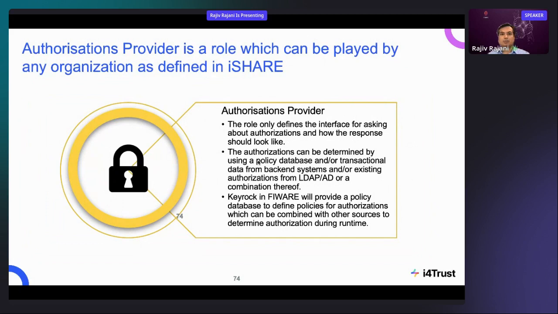If you implement this open source component, technically you're compliant with the authorization registry provider role. Of course, as an organization, you need to register as an authorization registry. Then there are additional requirements for you in terms of organizational requirements.